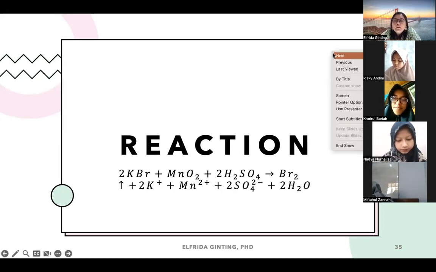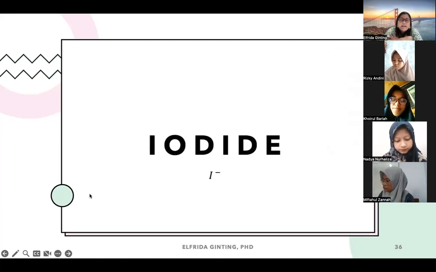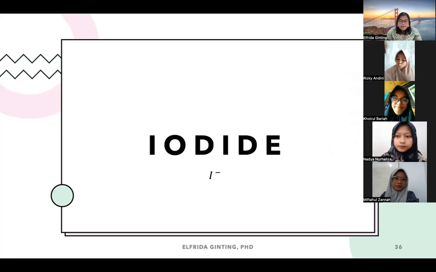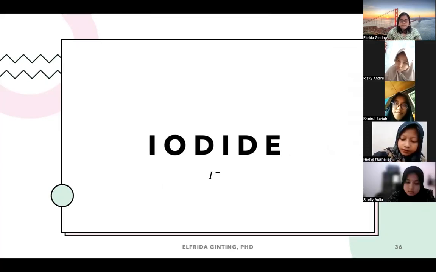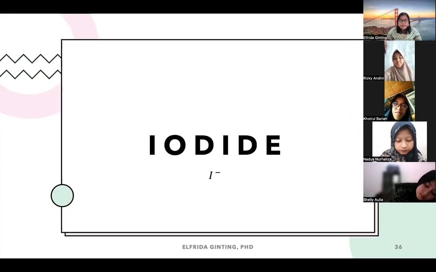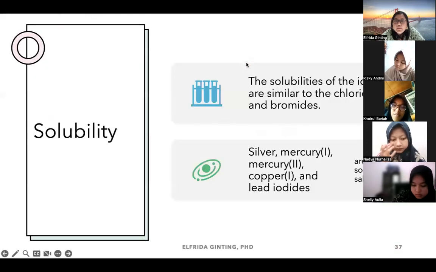Okay. Now next, we will be studying iodide. Now, you can see here, similar to chloride and bromine, the first method we can identify iodide is by looking at their solubility.